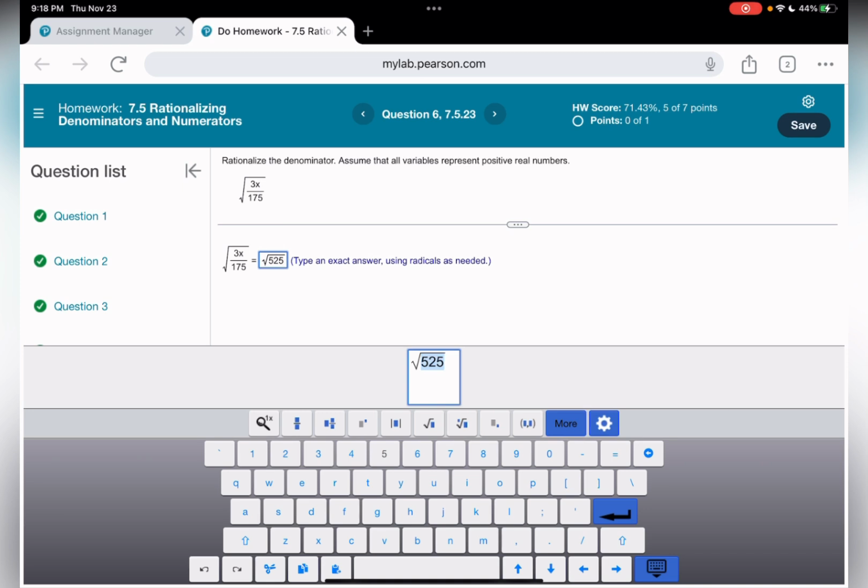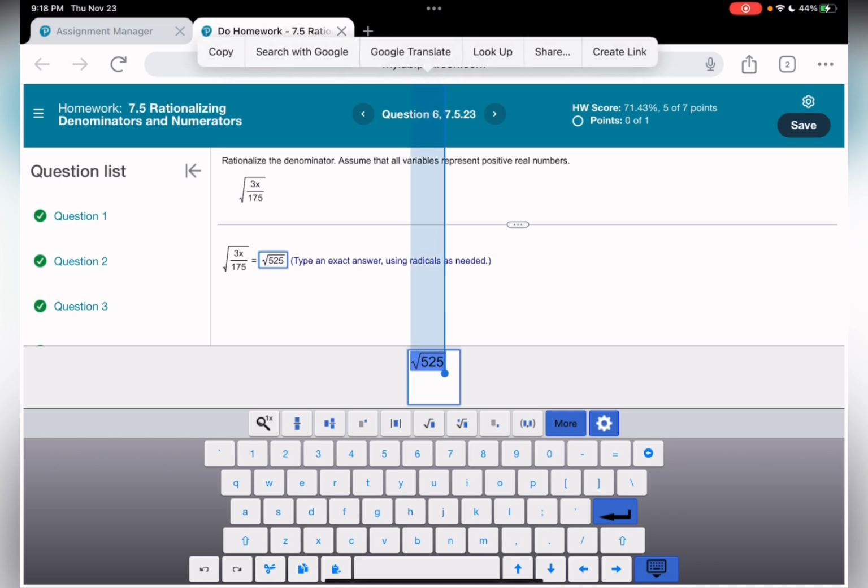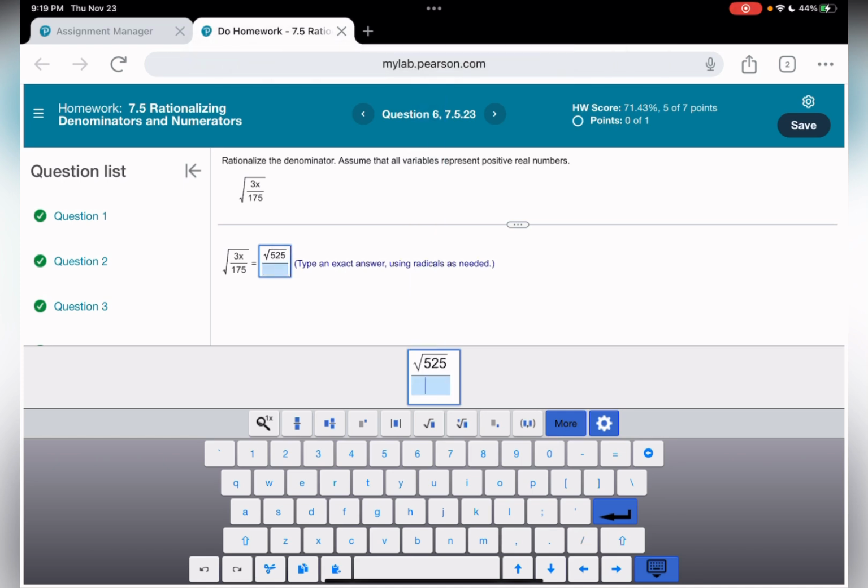No perfect squares that I can see, so it's going to stay, but underneath the denominator will be a clean 175.